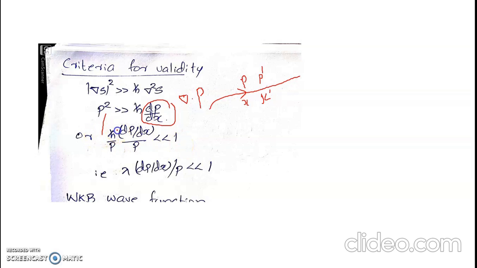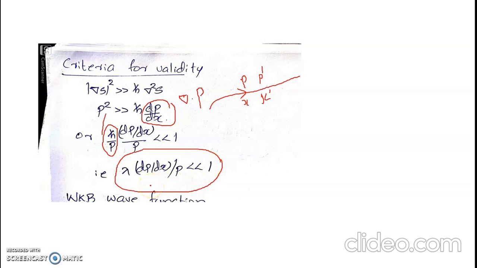As you know, h cross by P is nothing other than the de Broglie wavelength associated with this moving particle. So we mark it as lambda. Lambda into dP by dx by P is much less than 1. Once this condition is valid, you can apply the WKB approximation.